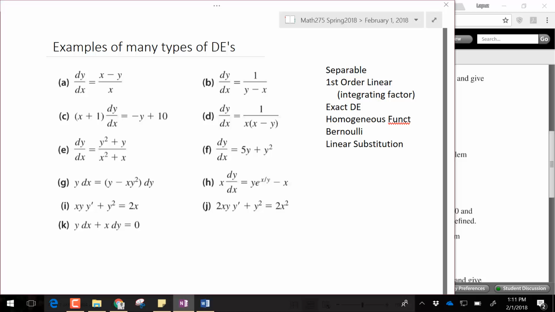If we cross multiply, do we get something that's separable? We have dy times x, and then dx times x minus y. You have this x minus y here that's going to be hard to take apart. I don't think it's separable.